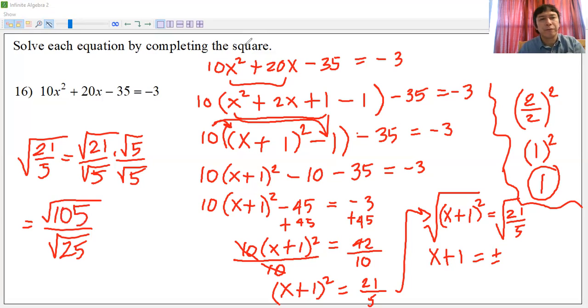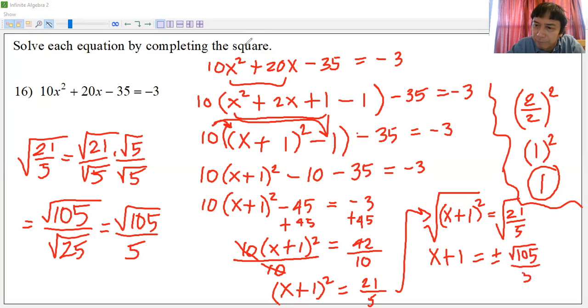So that's equivalent to the square root of 105 over the square root of 25, which is reduced now to an integer 5. And so the right side, going back to what we were doing, will now be the square root of 105 over 5. And then we will subtract 1, subtract 1 and subtract 1, like that.